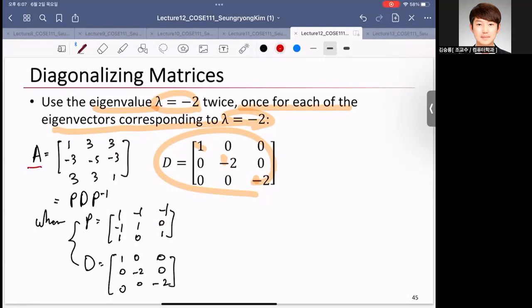This is the diagonalization, which is also called eigenvalue factorization, or the eigendecomposition.